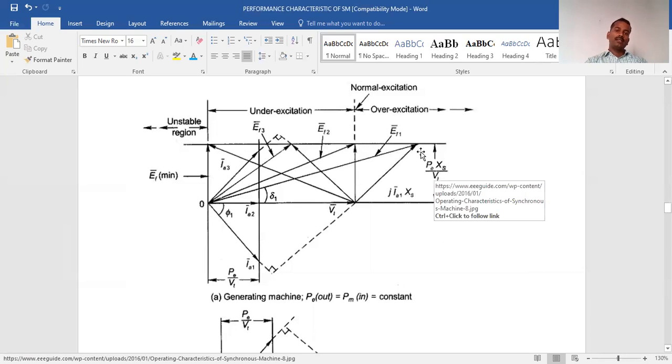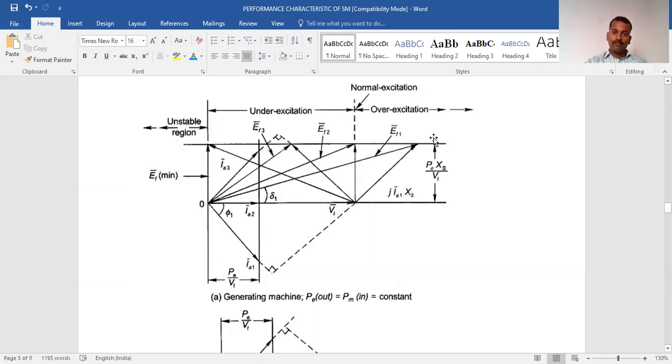Right? You can see here, if we change the excitation voltage EF by varying the field current IF, the excitation goes from over excited to normal, then decreases again to under excited, but the product E sin delta is still constant.